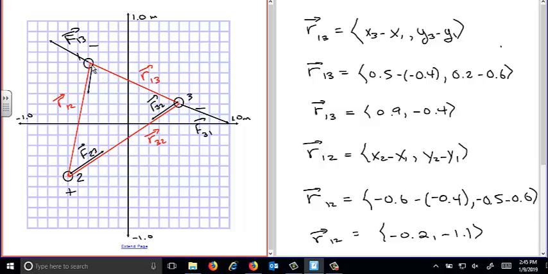So it's going to go that way. This one's going to go that way. And this one is F21 and this is F12. So F12 should have both negatives. Let's go over here.